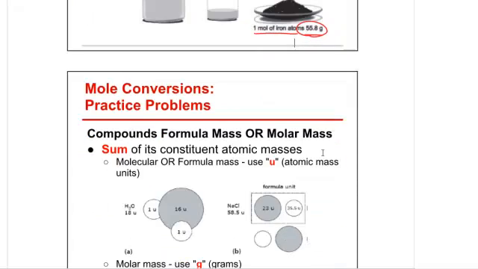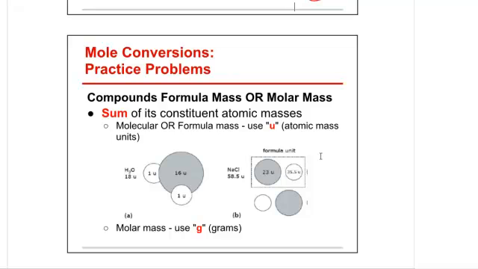A couple details about this. Sometimes in the questions you're going to be getting, they're going to be asking you for a formula mass versus a molar mass, or it might even mention molecular mass. So let's get a couple details figured out. One, the word molecular, if you remember from chapter 2, meant it had covalent bonding inside of it.